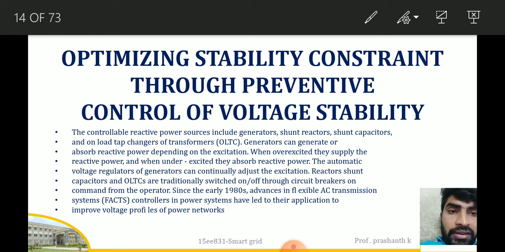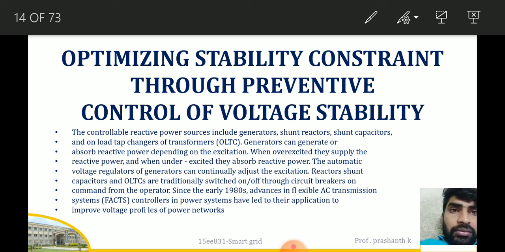So these FACTS, smart grid and distributed generation control systems are the integration of distributed generation, to improve the power supply system, to increase the power supply, to meet the power demand, and to reduce power consumption, increasing the power generation, right?